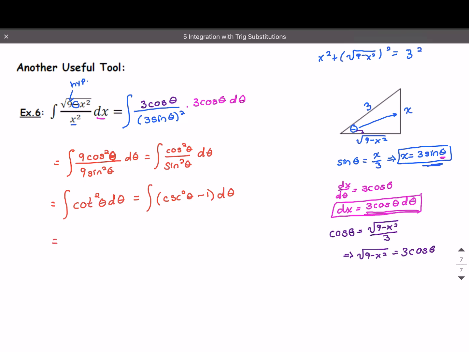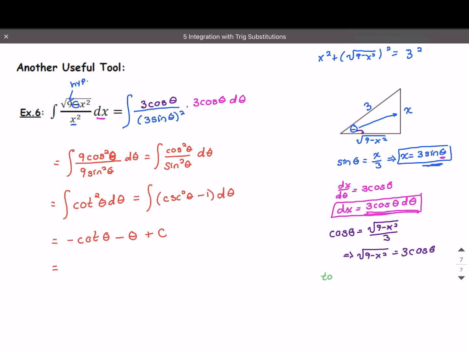The antiderivative of cosecant squared theta is negative cotangent theta minus the antiderivative of 1, which is theta, plus c. Now, we have to go back to x's. So here's the catch.